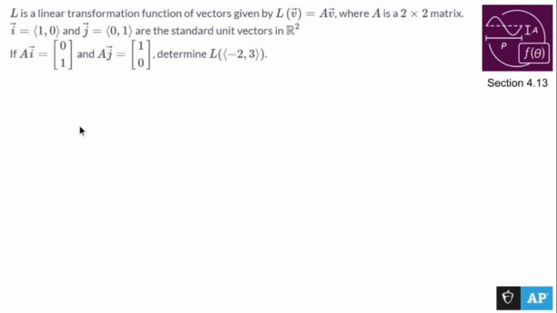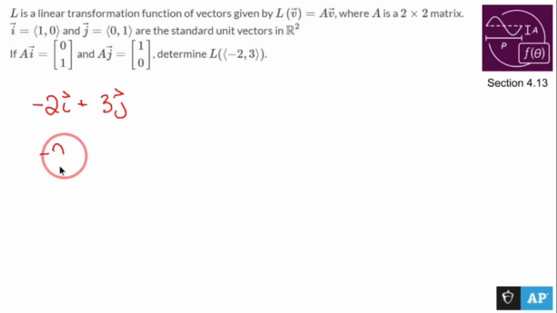Okay. Well, that's component form, and if I wanted to, I can write it out in unit form as negative 2 times vector i plus 3 times vector j. I just found out that i is 0, 1.